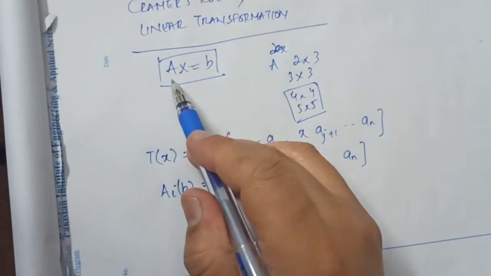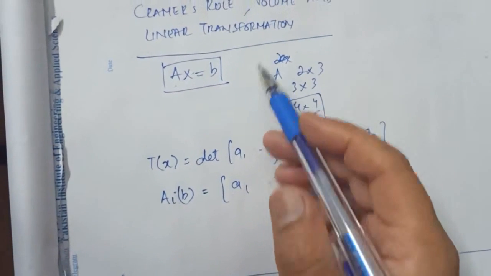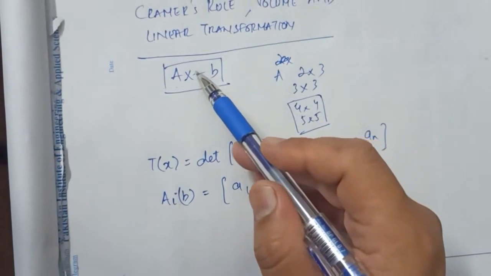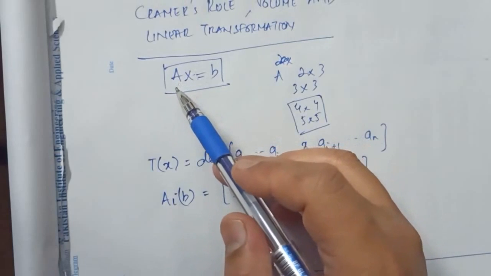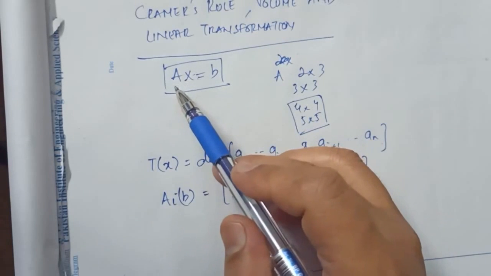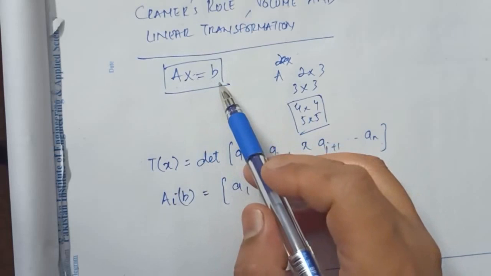So we have got the matrix equation Ax equals b. We are trying to find the value of x, for which when I multiply with A will fetch me b, right?